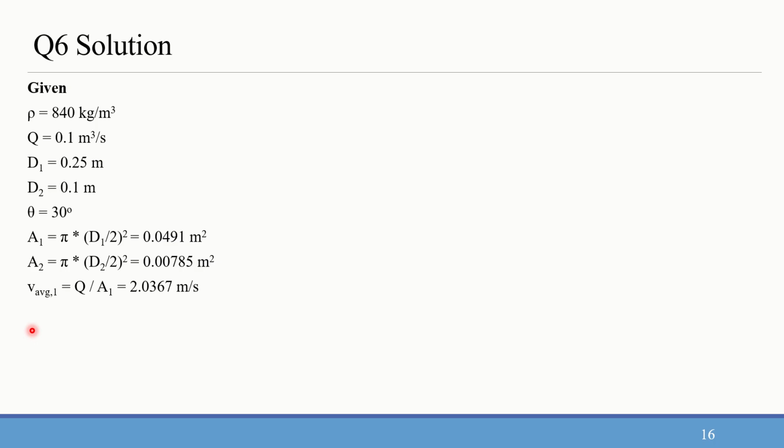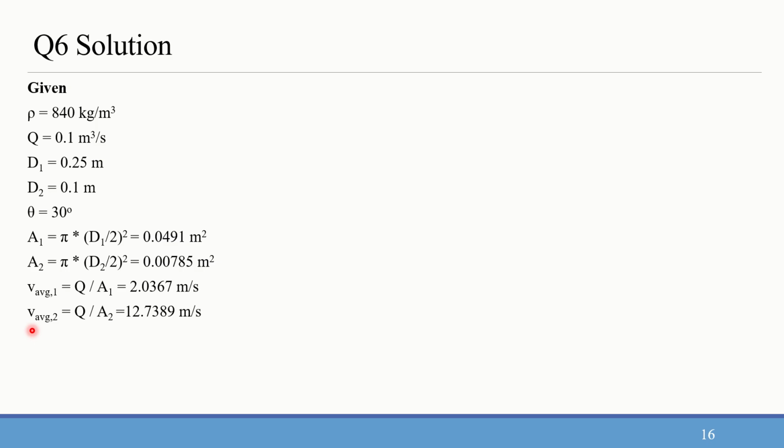Now the average velocity at the inlet is Q by A1, calculated as 2.0367 meter per second, and then the average velocity at the outlet. Here 1 signifies the inlet and 2 signifies the outlet section. As mentioned in the problem only, I am not using any different notation.